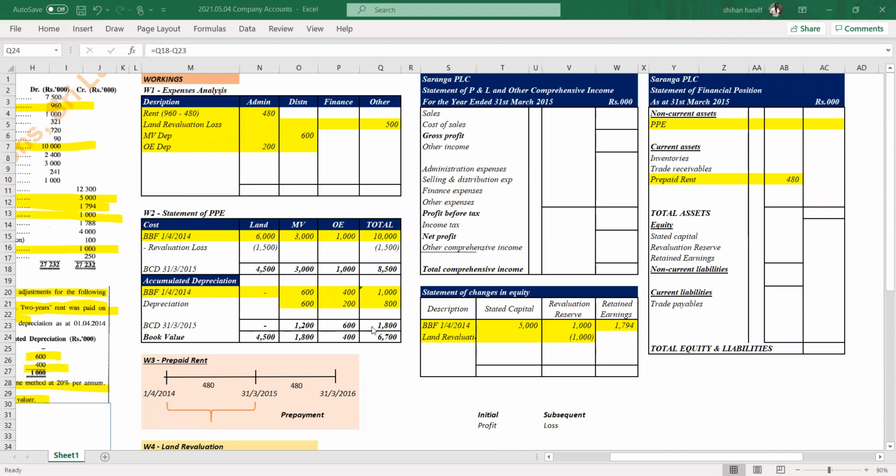So total accumulated depreciation is 1,800. Book value is 6,700. 6.7 million. So that's the amount you have to take under non-current assets. So your statement of PPE part is done.